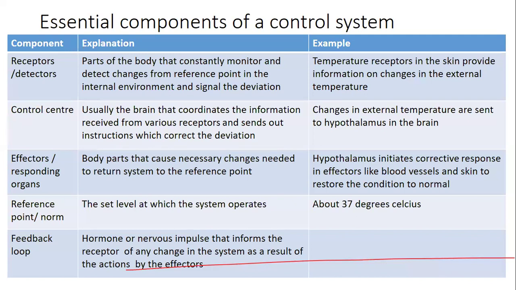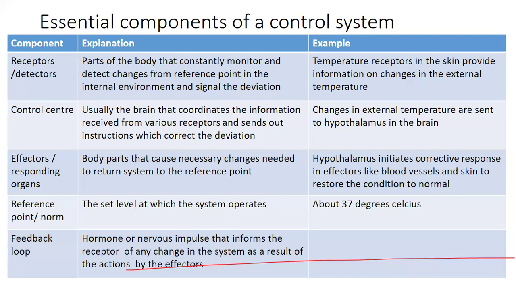If you have no normal, then you cannot know that you have deviated. There must be a normal or a set point. And the deviation could be positive or negative. It could mean that you have gone higher than normal blood sugar or lower than normal blood sugar, or higher or lower than the normal body temperature. Those deviations are detected by a special kind of detectors.